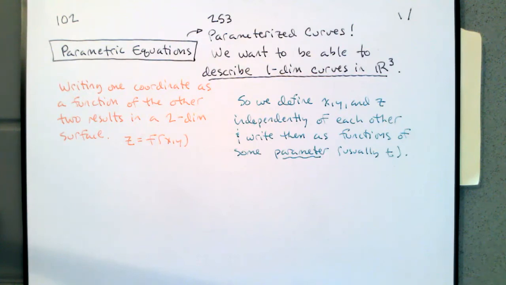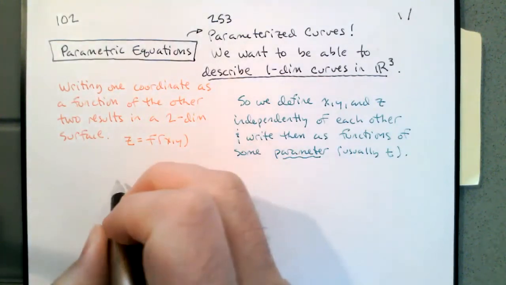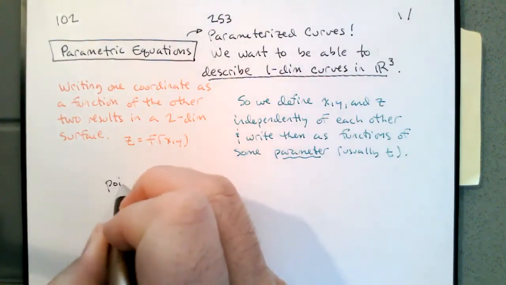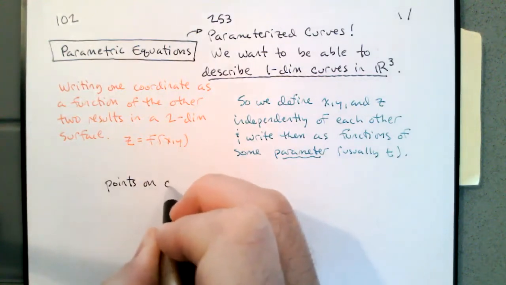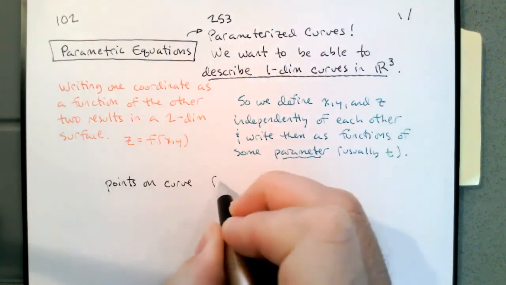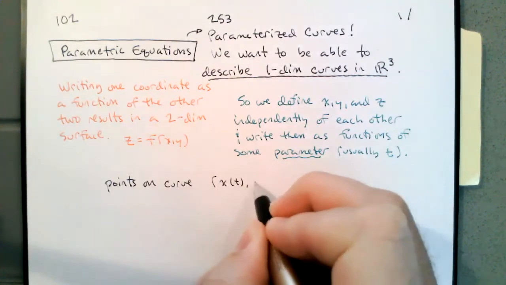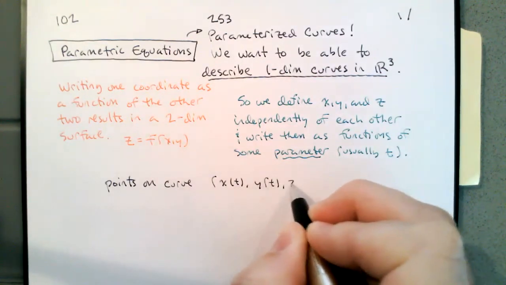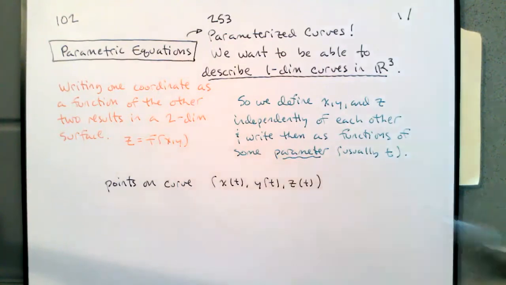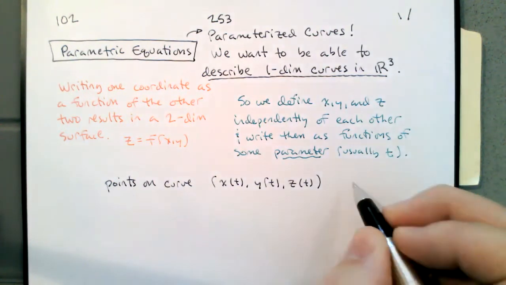To this end, we're going to define x, y, and z independently of each other and write them all as functions of some parameter, which is usually t. So the points on the curve are x of t, y of t, z of t. And then this would be for some range of t values, some interval of t values.